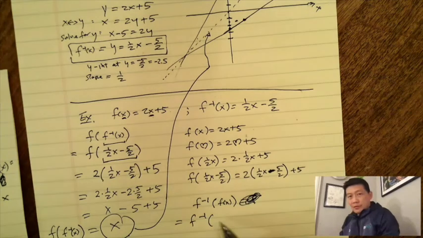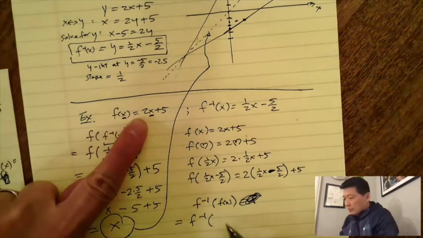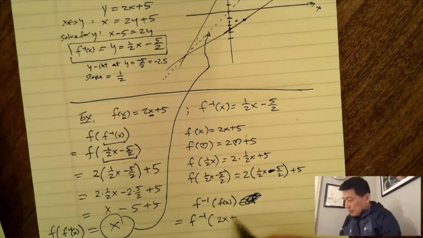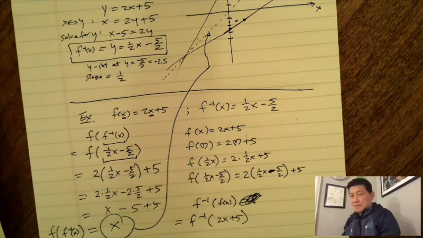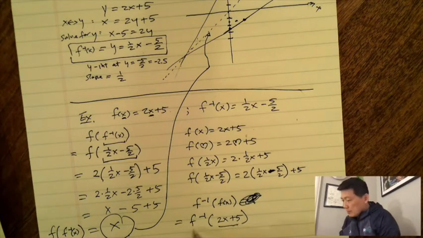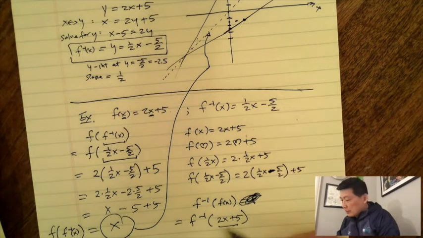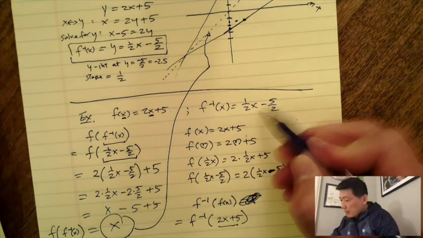Now f of x is 2x plus 5. So I will put 2x plus 5 here. Now we're going to apply that into the inverse function. And the inverse function is 1/2 x minus 5 halves. So this whole thing goes into that little x.